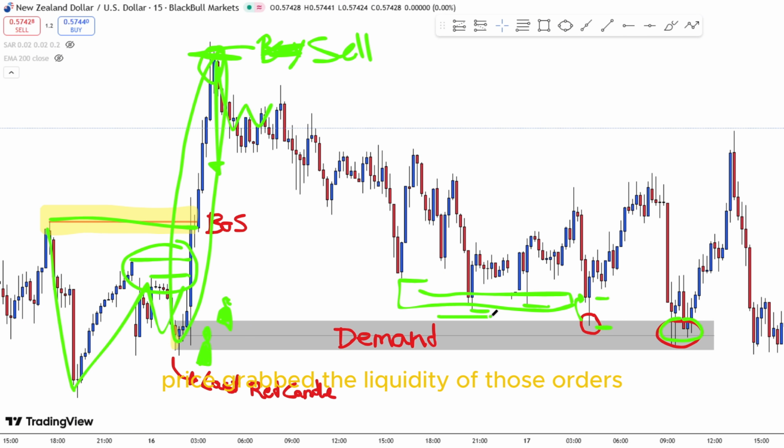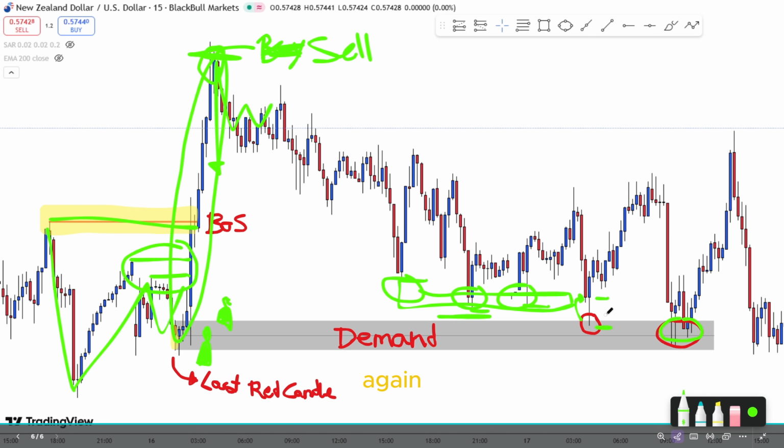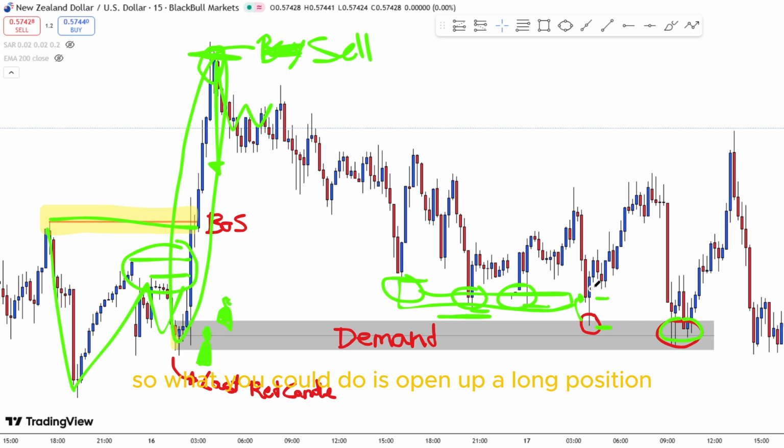Price grabbed the liquidity of the orders of the people who bought here and here and here. They stopped them out and used that liquidity to fill huge buying orders again. So what you could do is open up a long position right here. Because you saw the strong rejection wick, you can buy right here, put your stop loss just below this very strong rejection candle, and take profits, right?